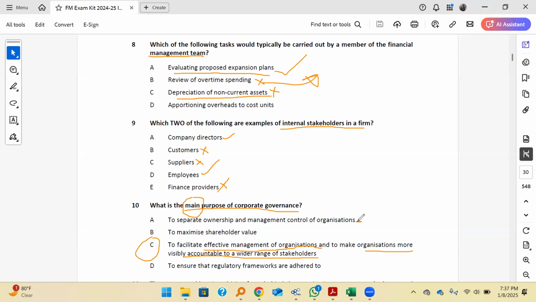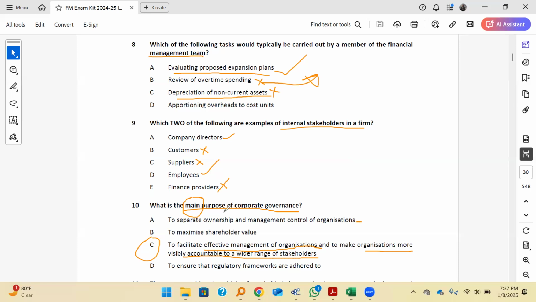And one of those ways you can do it is to make sure that you have management and control being separate. But the reason why that is the case is actually because, as we shall see, if the chairman and CEO are the same person, there are some issues that can arise when it comes to board resolutions and everything.